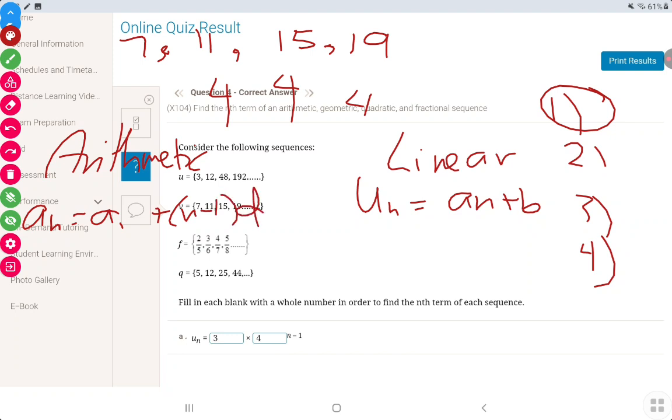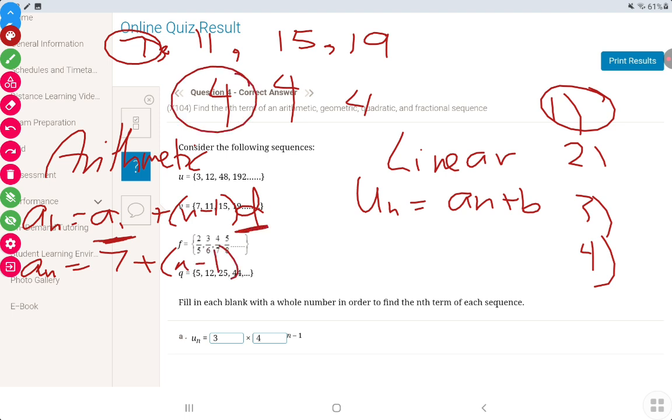So a1 is 7, plus n minus 1, times d, the difference, which is 4. So you get 7 plus 4n minus 4, because we spread out the 4 into the bracket. And then 7 minus 4 is 3. So you get 4n plus 3 as the general rule for an arithmetic progression.